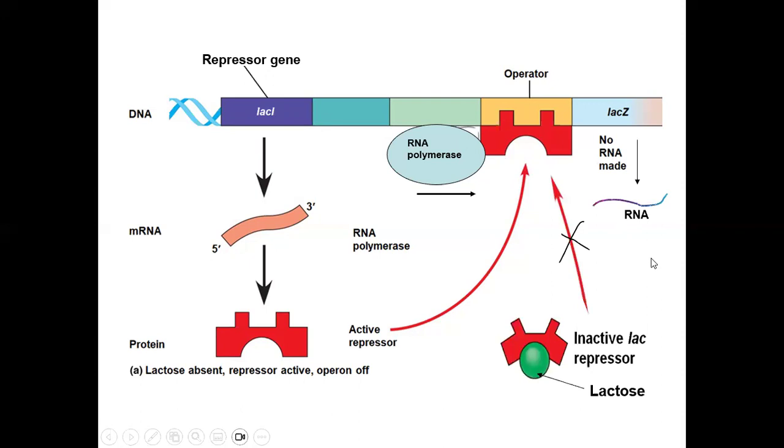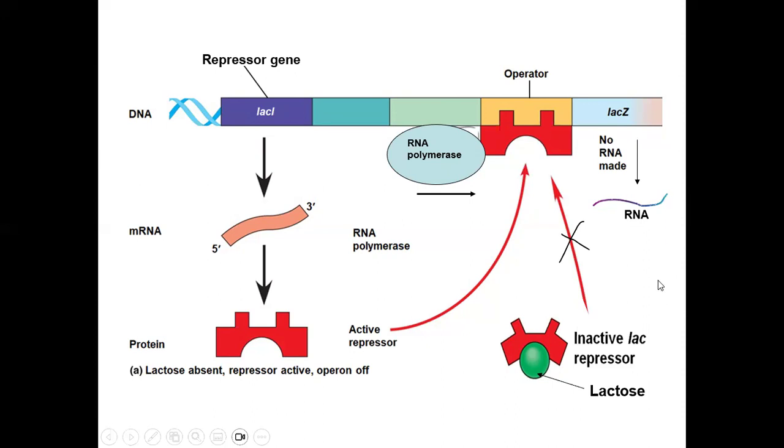However, if we have lactose present in the cell, then lactose can bind with the repressor molecule and inactivate it or change its structure such that it is no longer able to bind to the operator sequence. If it is not bound, then it is not creating any steric hindrance to RNA polymerase, and hence RNA polymerase can proceed with the transcription process, leading to synthesis of messenger RNA for the structural genes.